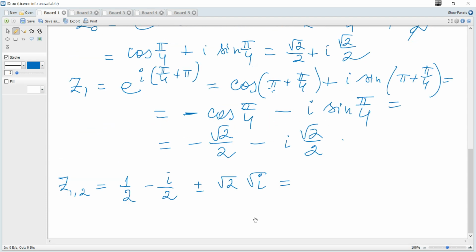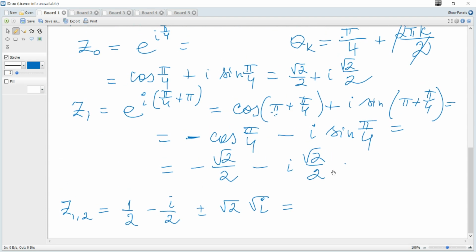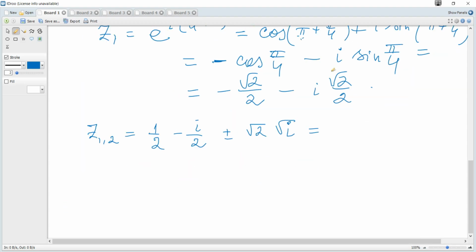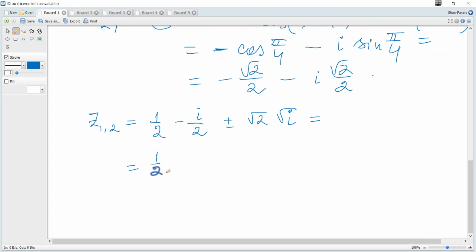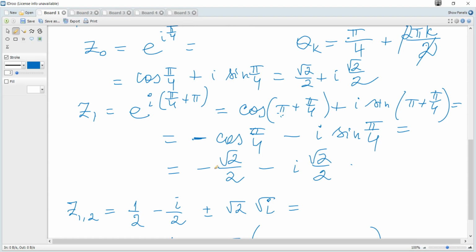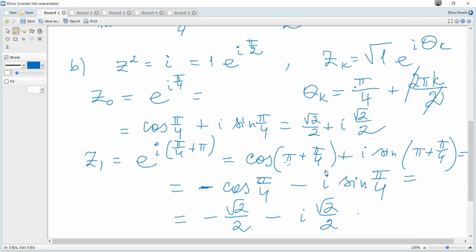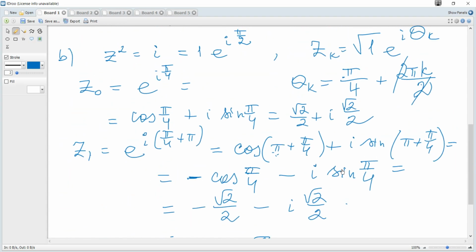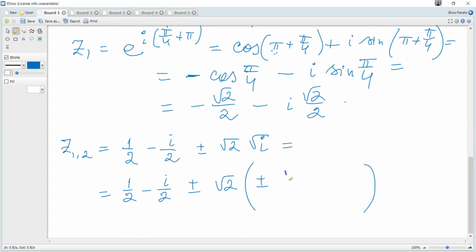And you can see that for root i, the difference is only in the sign, so it's plus minus root 2 over 2 plus i root 2 over 2.